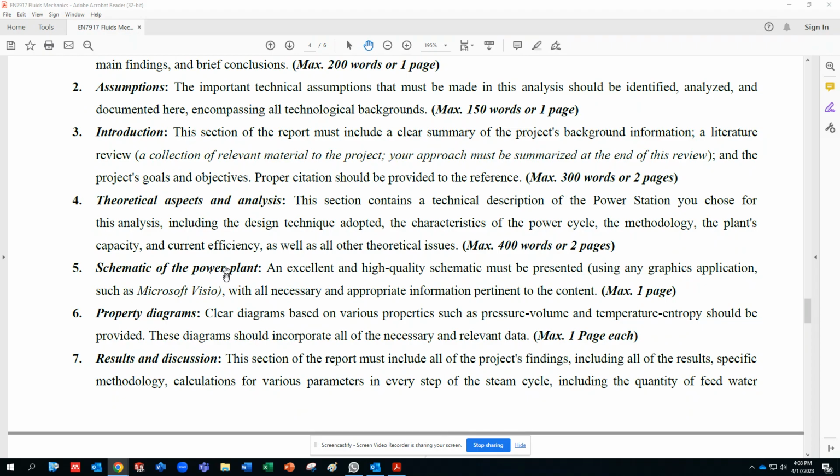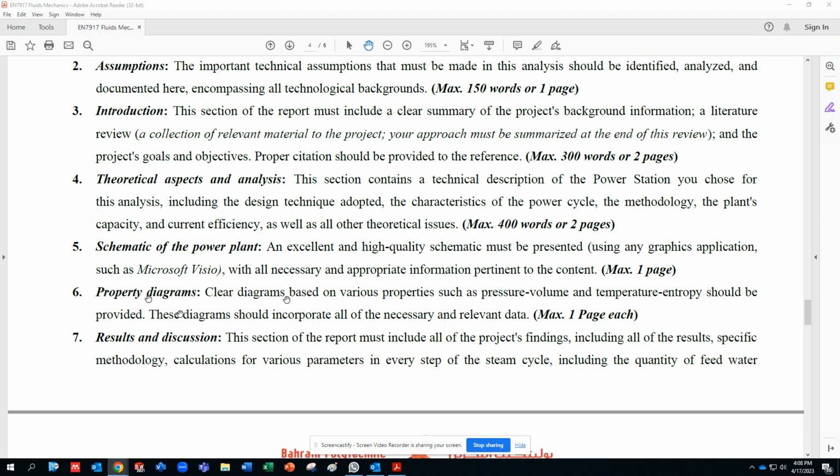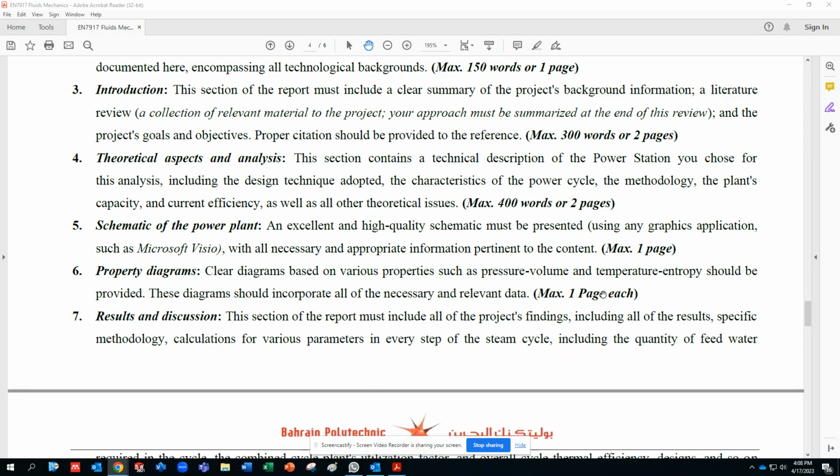You can draw a very nice schematic of the power plant by using any graphical application such as Microsoft Visio or any other flowchart tool. And you have to show property diagrams, both pressure volume and temperature entropy property diagrams. Both should be shown very clearly, maximum one page, half page for pressure volume and half page for temperature entropy.